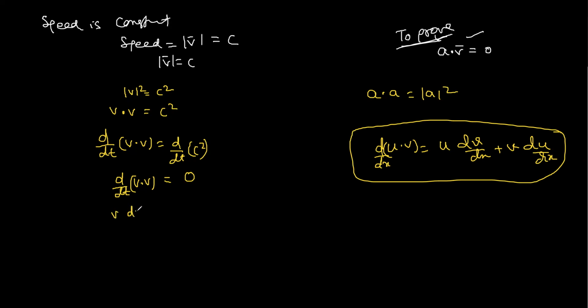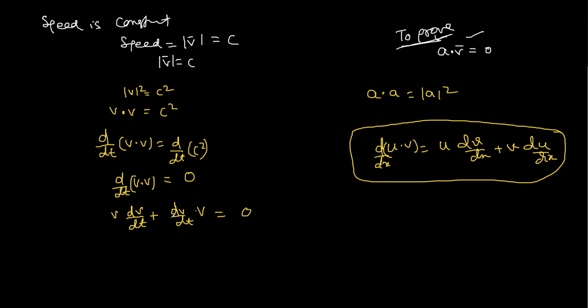So you will get dv by dt dot v plus v dot dv by dt. Both are the same thing.